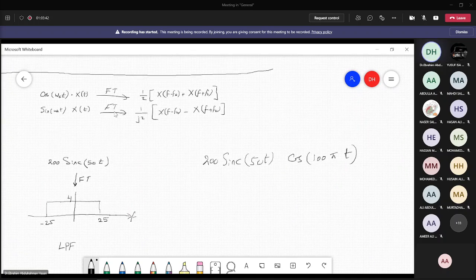So in the Fourier transform, I will get half multiplied by X of f minus f naught plus X of f plus f naught.